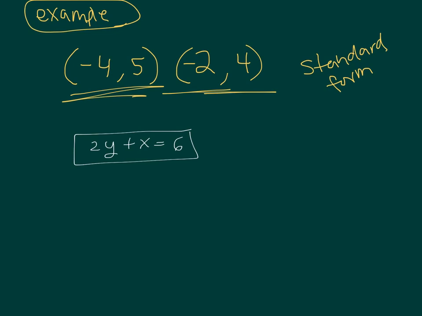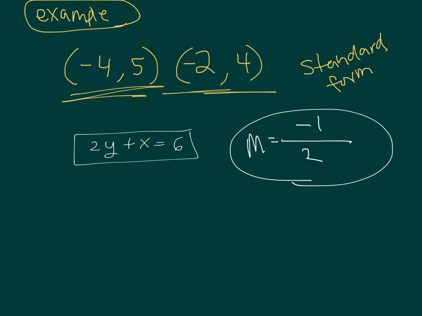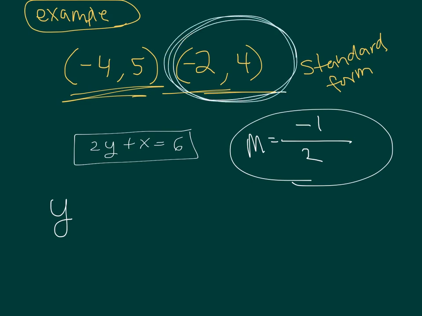Okay, so the first step is to get slope. Slope was negative 1 over 2. If you did not get that, you should go check out how to find slope again. I'm going to plug this into point-slope form, and I'm going to choose this second point. So it's going to be y minus 4 equals negative 1/2 times x plus 2. Okay, I'm going to distribute this negative 1/2.